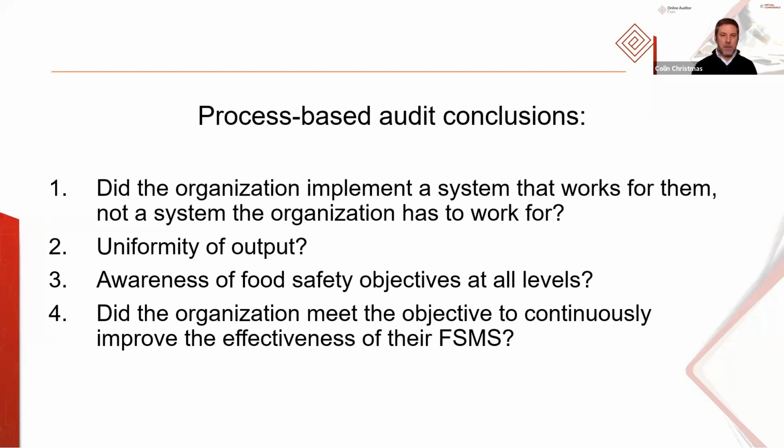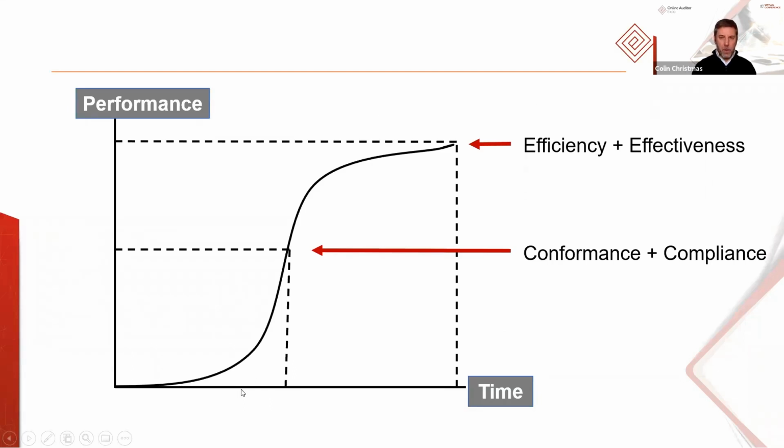And then last but not least, and probably most importantly, did the organization meet the objective to continuously improve the effectiveness of their food safety management system? And why is that important? When we look at this example here, we see halfway up from the diagram, performance and compliance. I've seen this in a lot of cases where organizations have adopted more of a product procedure type approach, a checklist approach.